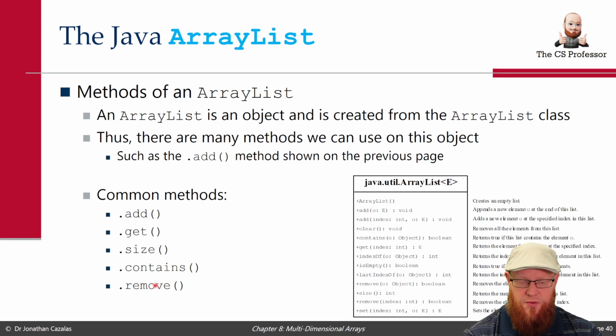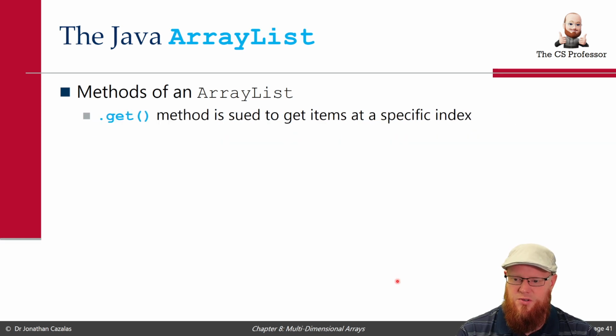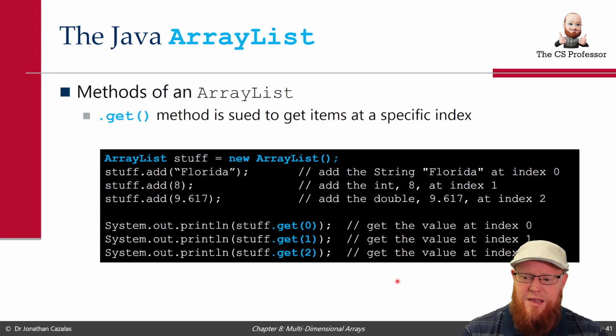And then remove, which will remove an element from our list for us. There are many other methods. There are some shown in here, and you can also simply go to a browser, type in Java ArrayList, and go to the Java documentation, the Javadoc page, and simply look at all of those methods that are available to you. So let's take a closer look at this get method.